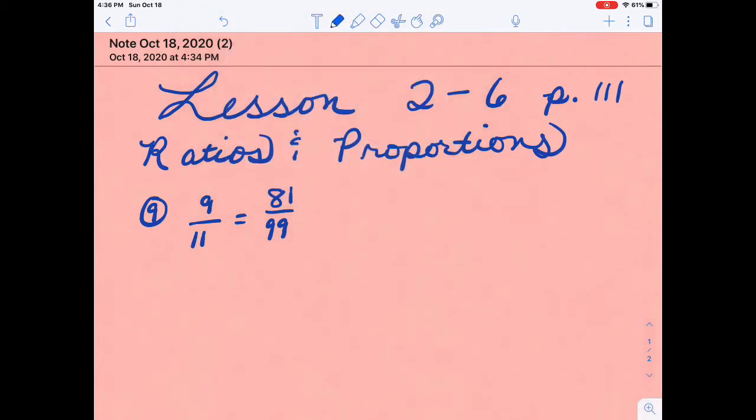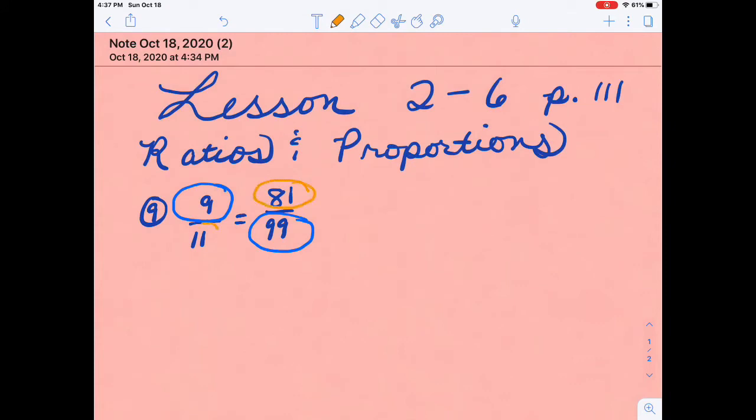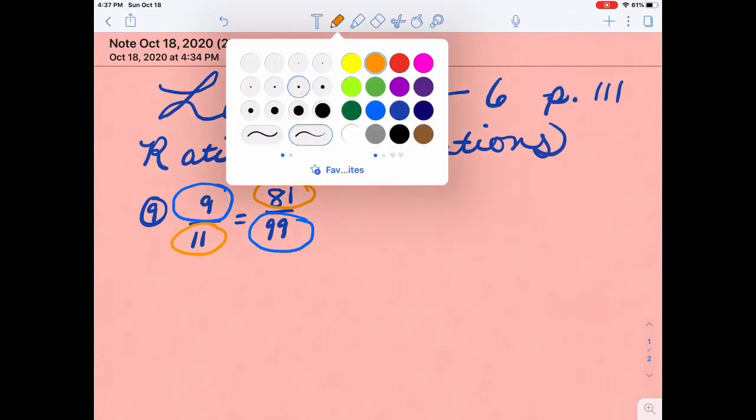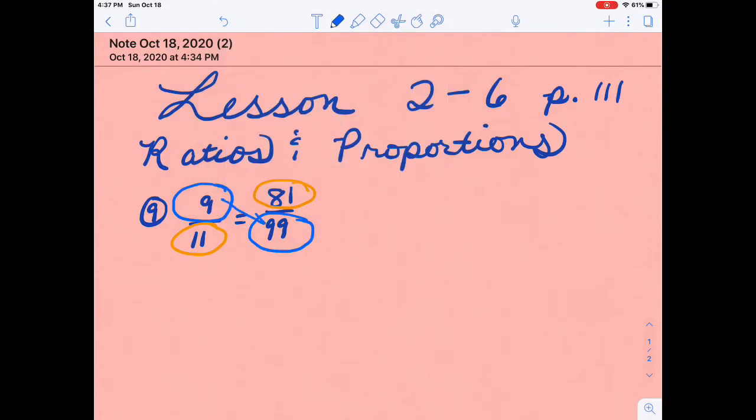I am going to multiply something called the extremes, and I am going to multiply something called the means. So when I multiply the extremes here, I get 9 times 99, and that needs to equal, when I multiply the means here, 11 times 81.